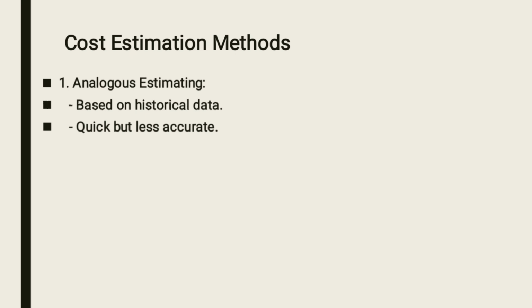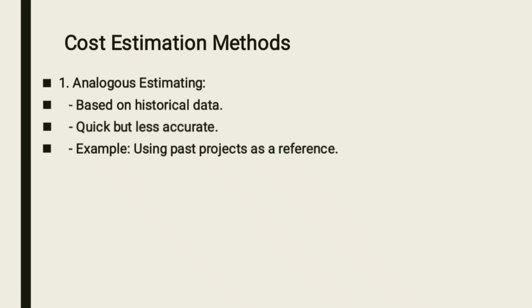So that historical data cannot give you a clear picture which you can use at this moment. That's why it is less accurate. For example, you are using a past project as a reference.